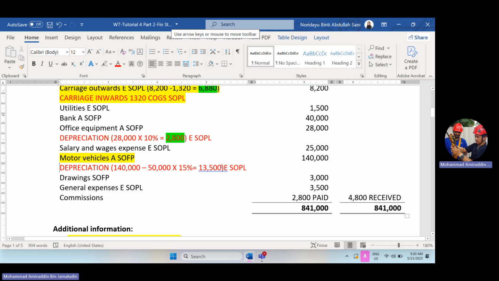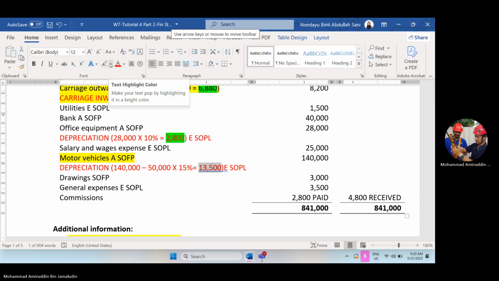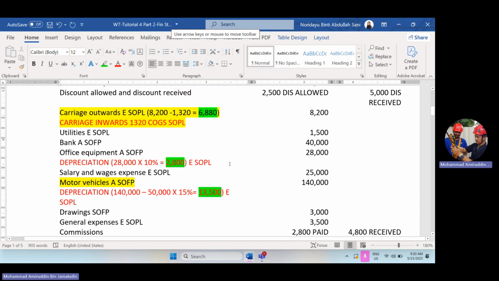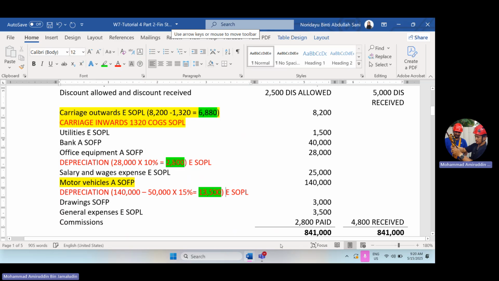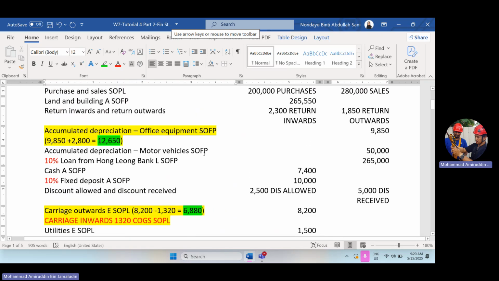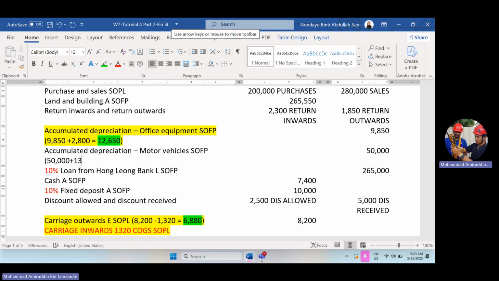Not only that, we have to add to our accumulated depreciation. Okay, where is our accumulated depreciation? It is here. So last year is 50,000 and this year another 13,500, so equivalent to 63,500.